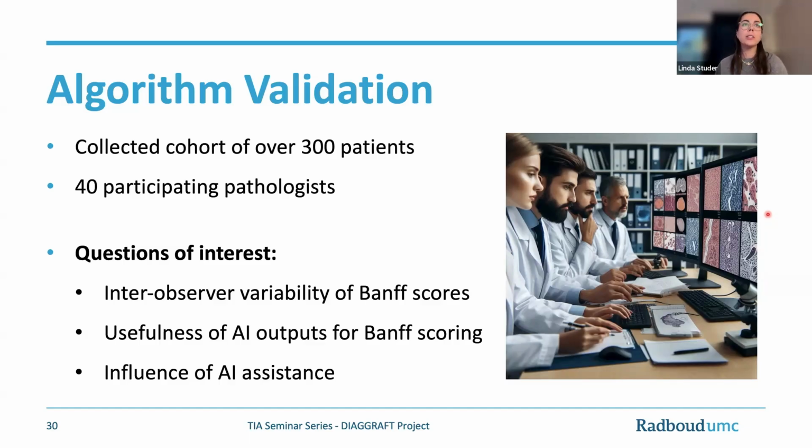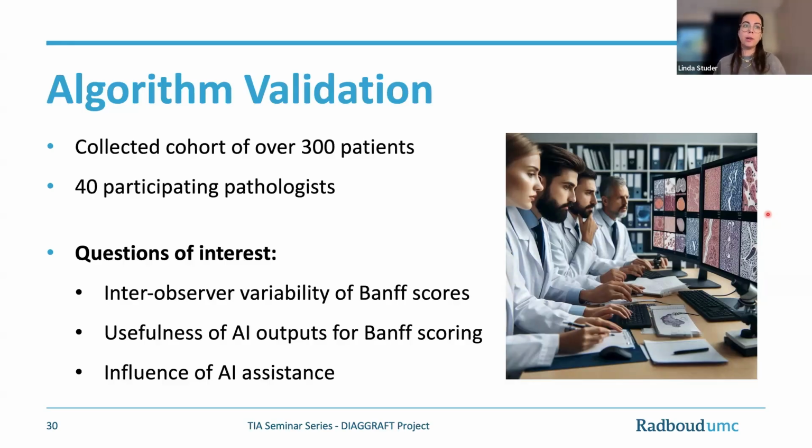I think the third point will be the hardest to assess. I think we wanted to cover it, but we will only scratch the surface on the influence of AI assistants, because some of them are scoring first with AI and then without AI, and vice versa. So we can see how they look at the same case with and without AI.